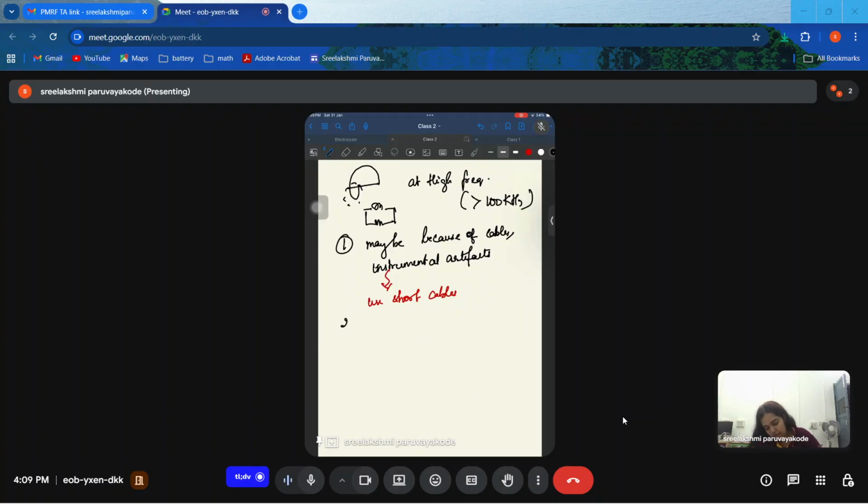Now the next reason may be that the distribution of current or potential is not uniform on the working electrode.